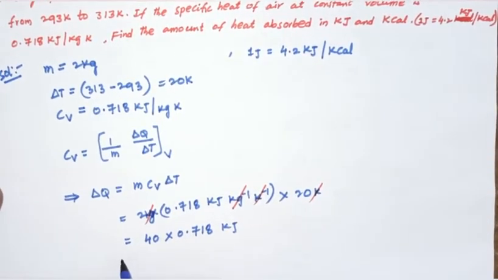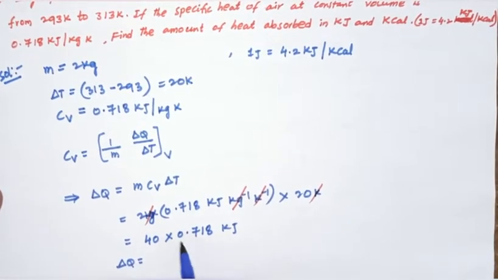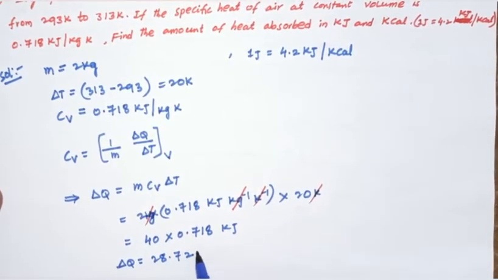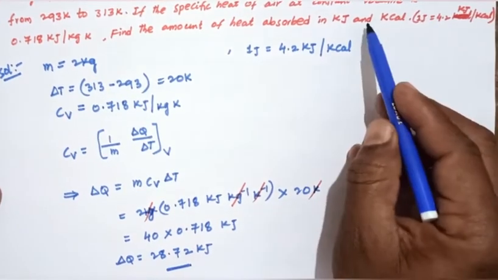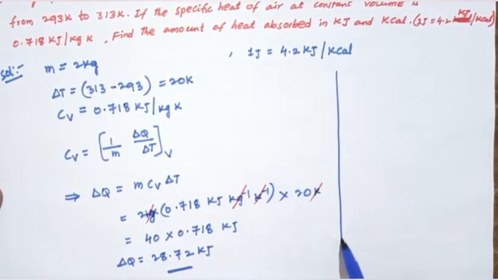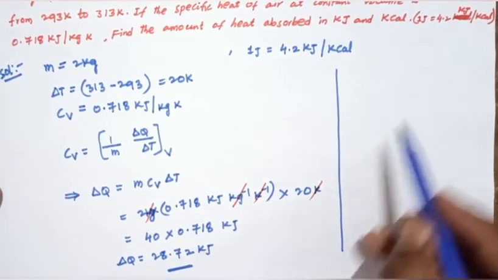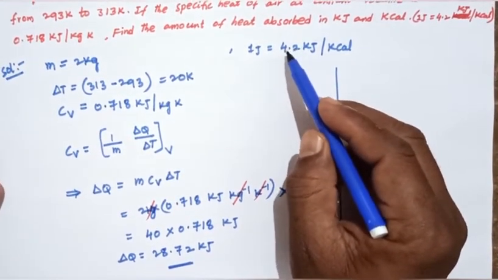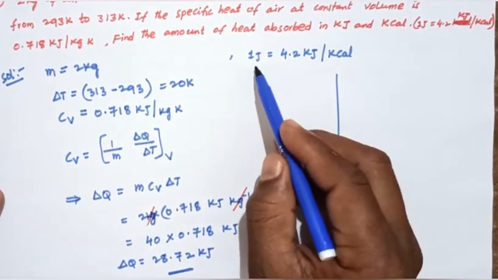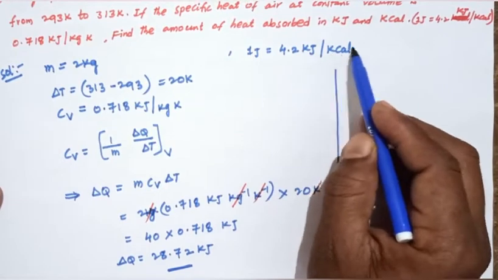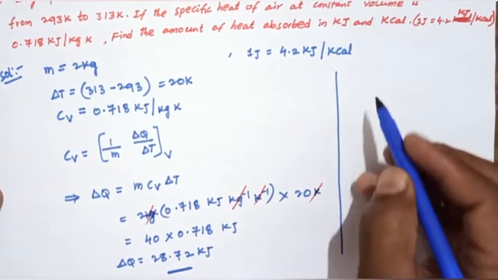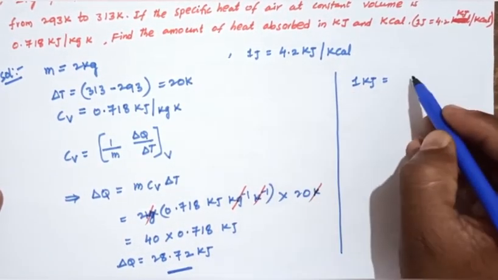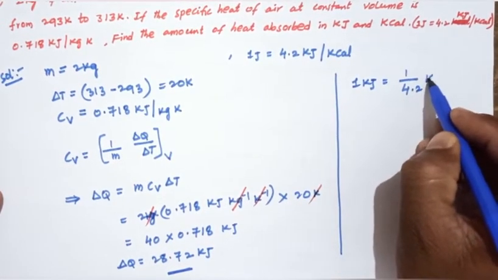So delta Q equals 28.72 kilojoules. And we also find it in kilocalories. So from the relation 1 calorie equals 4.2 joules, 1 kilojoule equals 1 by 4.2 kilocalories.